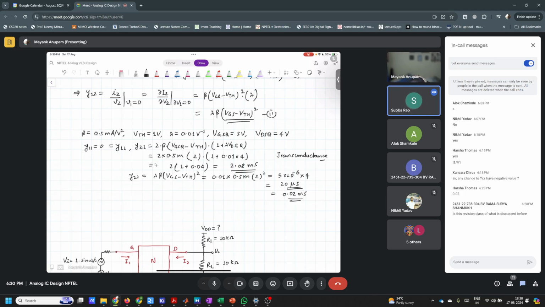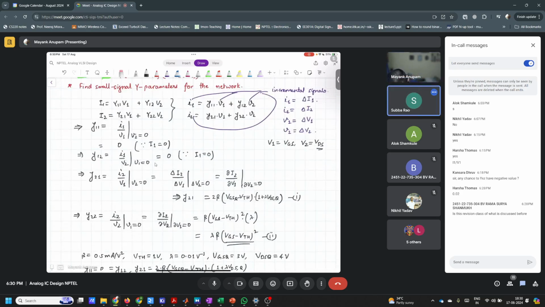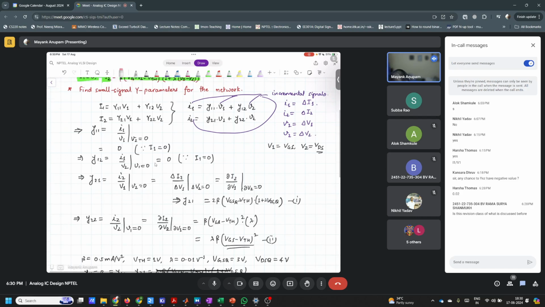But it is dou f1, so it should be dou I1 by dou v1, I think, sir. Yeah, so that is what I mentioned, dou I1 by dou v1. Y11 is I1 by V1, right? A small I1 by small V1, and what is small I1, small V1? Here I have mentioned it.